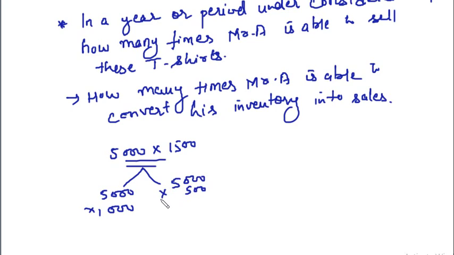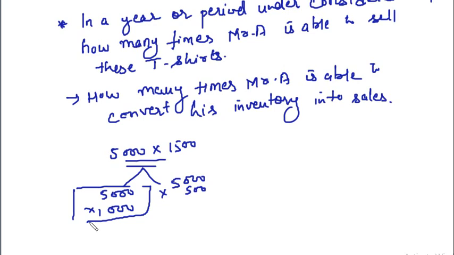If he is able to sell all the t-shirts, that means he has recovered all the cost of buying the t-shirts by converting his inventory into sales, and he has earned a profit, isn't it?